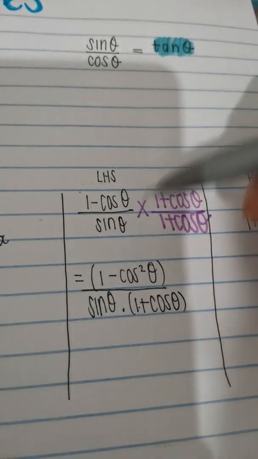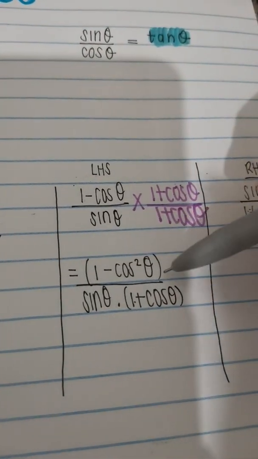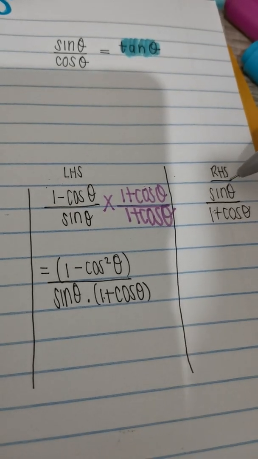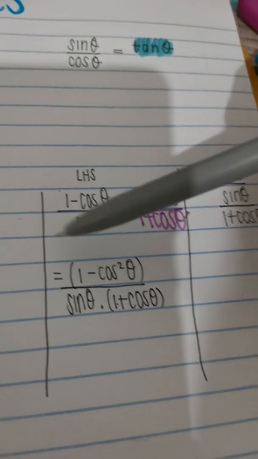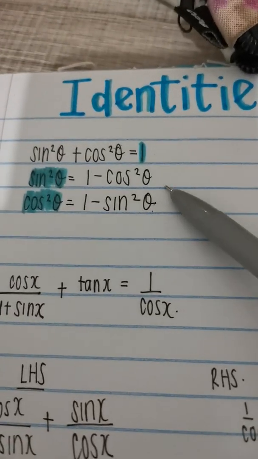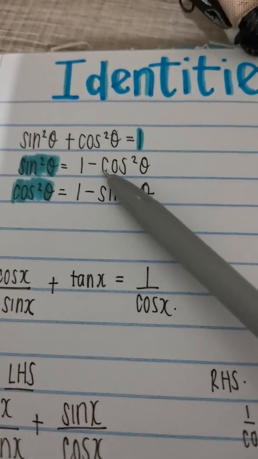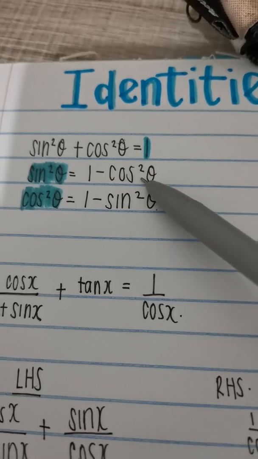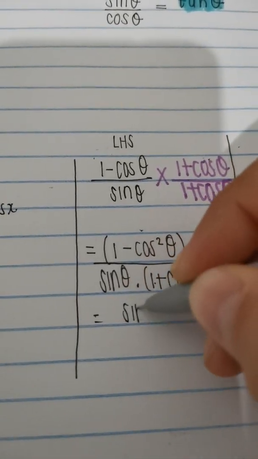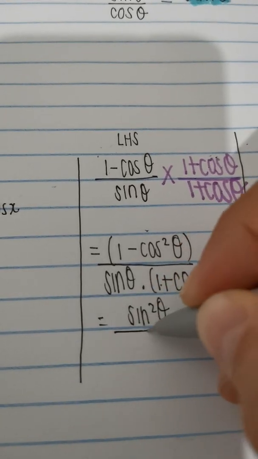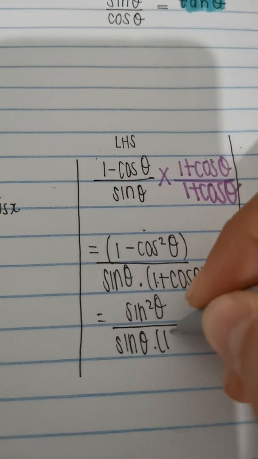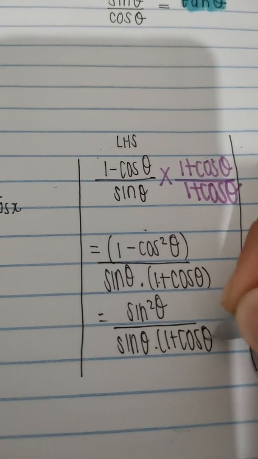Right? Then if you look at this part over here versus this part over here, you would see that in my numerator I have a sine theta. So then I know that I need to change this using these identities over here. I have 1 minus cos squared theta, so it's going to be the same thing as sine squared theta. So sine squared theta in my numerator over sine theta multiplied by 1 plus cos theta.